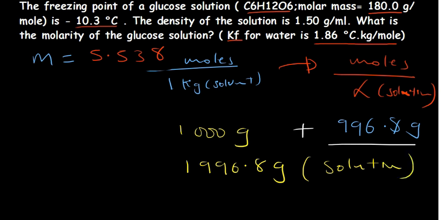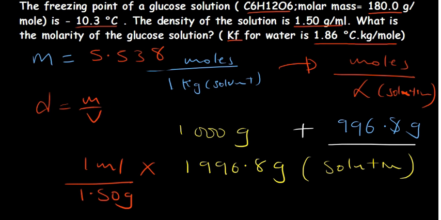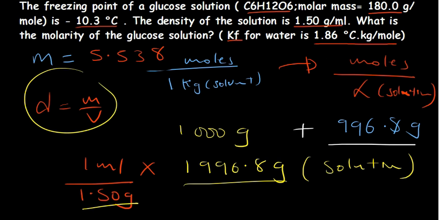Now the density of the solution was given to be 1.5. Okay, 1.5. So per every milliliter we're going to have 1.50 grams. Since you know that the density is equal to mass over volume, if you're trying to find the volume, it becomes the mass divided by the density from that formula there.